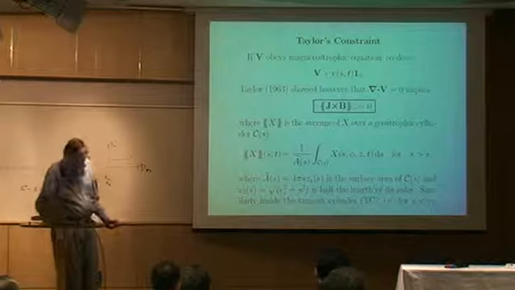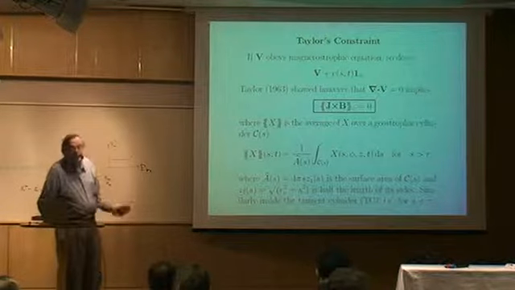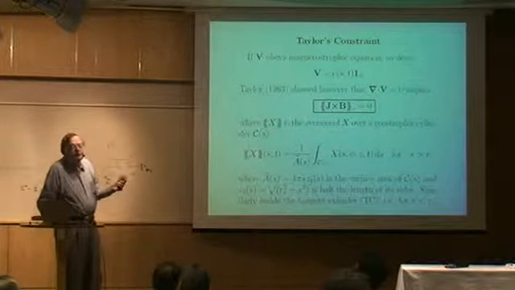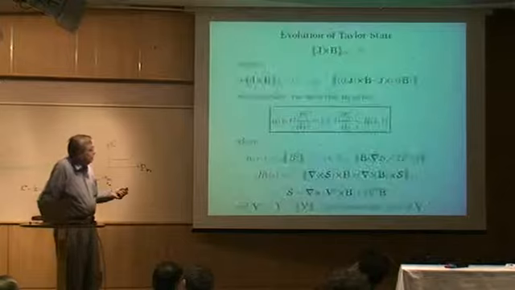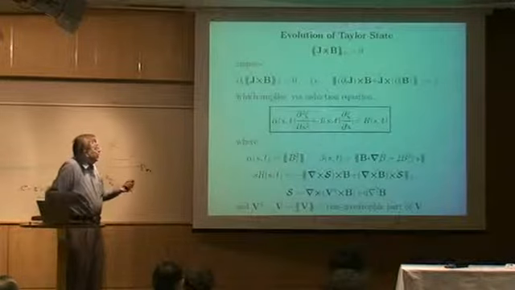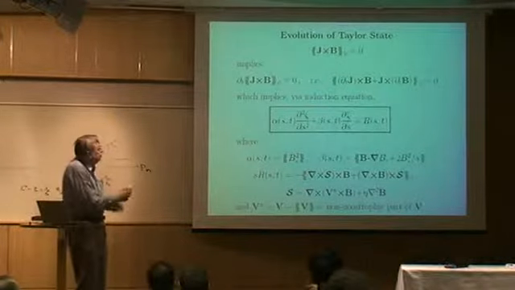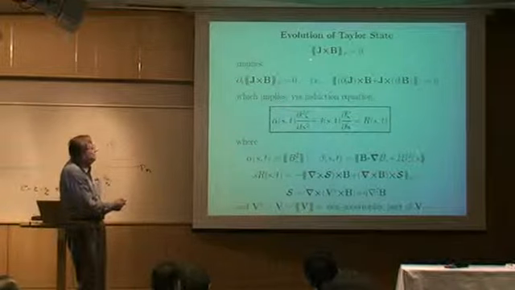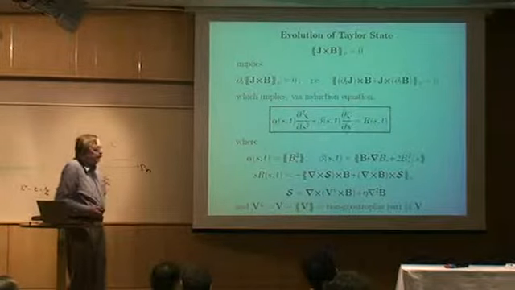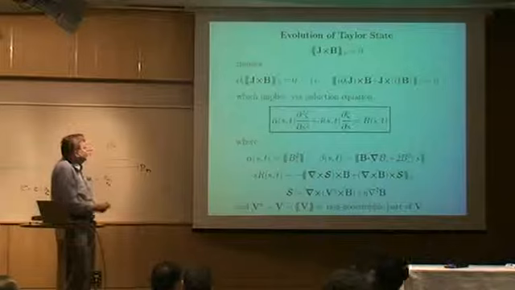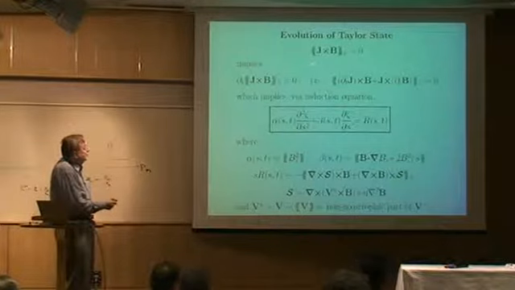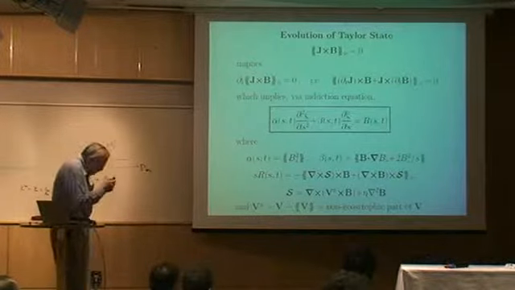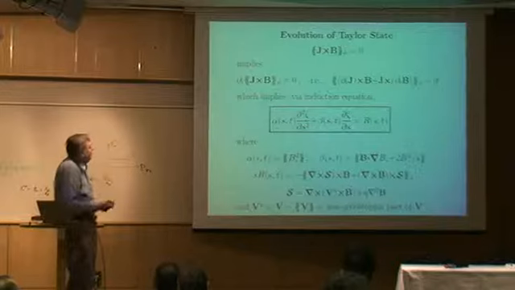What he showed was that if you assumed that it was satisfied at a certain time, then the system might evolve in such a way as to preserve this. What does that mean? It means that the time derivative of this must be zero. Not only zero initially, zero for all time.